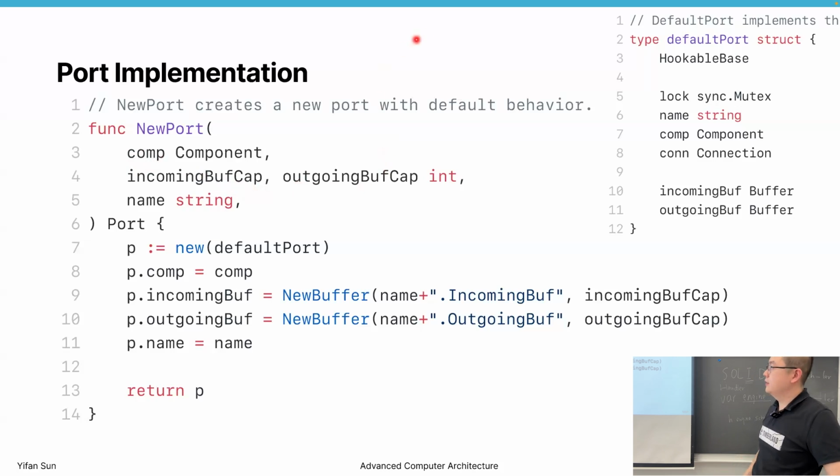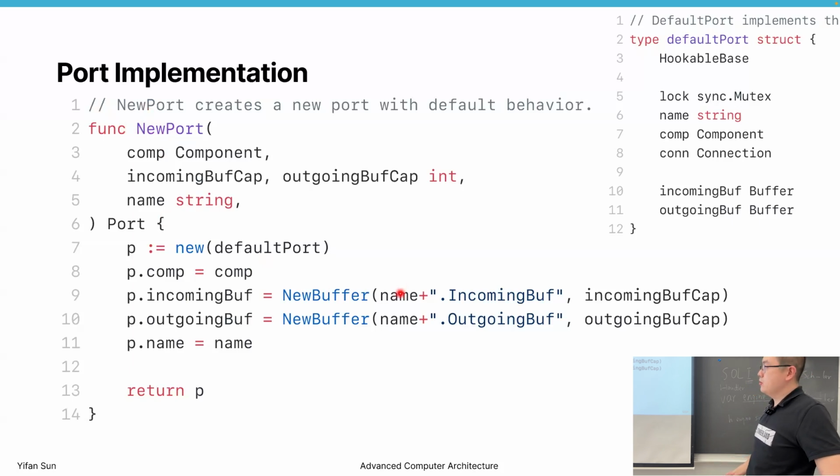How large they are. Then basically we create a new port, set the component, create a new incoming buffer, create a new outgoing buffer, and set a name. By the way, if you're not that familiar with Go, Go doesn't really have constructors. So they just use this simple new function to construct an element.